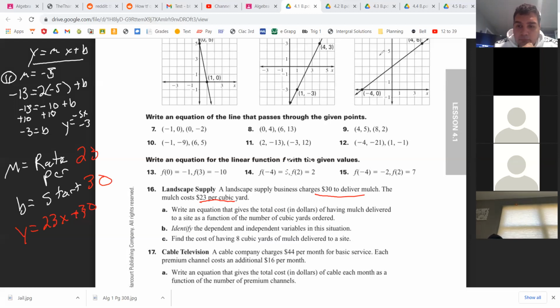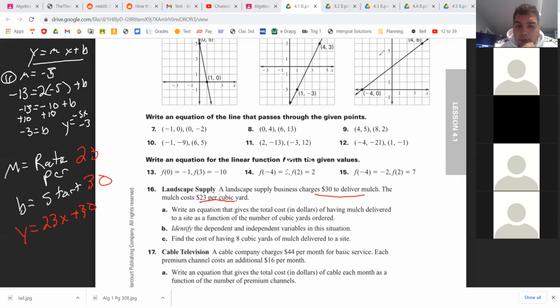But I just told you A, so B and C are not necessary. Just as a side fact, yes, x is always your independent, y is always your dependent. In terms of the question here, what's independent is the yards. So how many yards you buy determines how much money it costs. So independent affects the dependent.